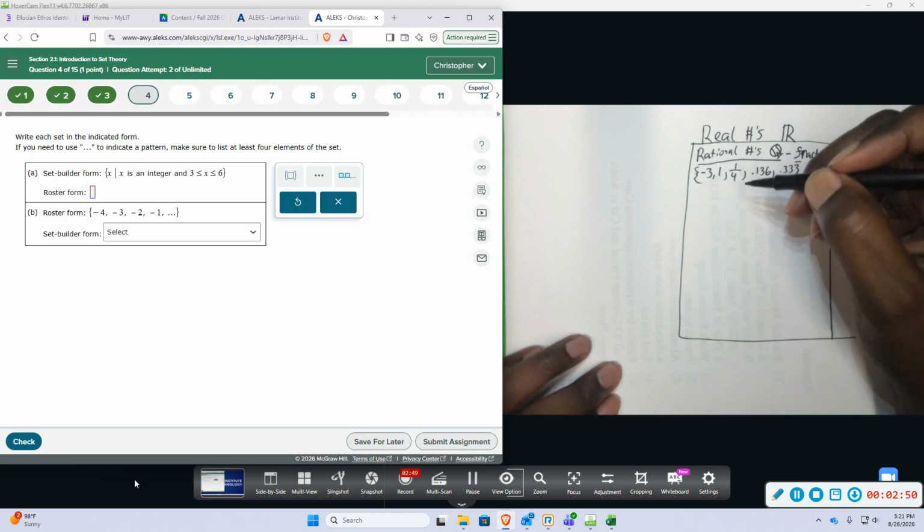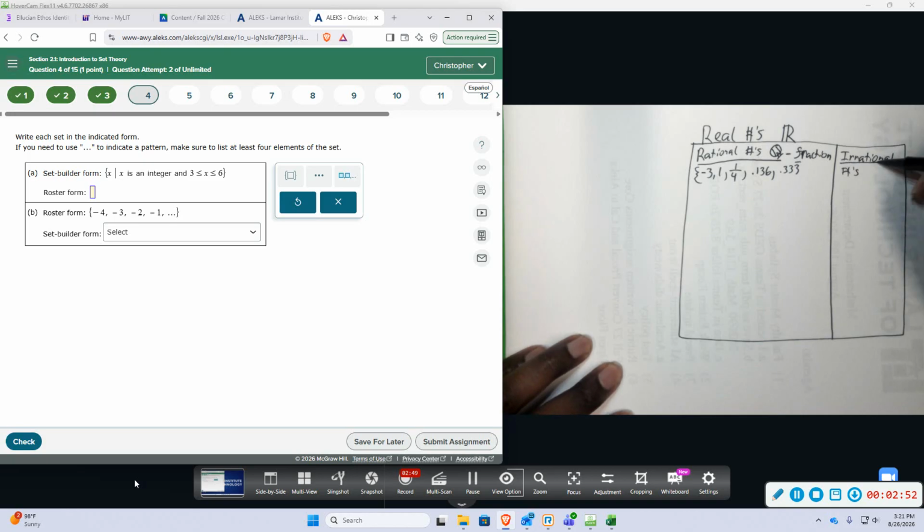All right. There is a group of irrational numbers. There's no special symbol that I know for irrational numbers, but these numbers cannot be put in fraction form. I'm just going to say cannot be put in fraction.